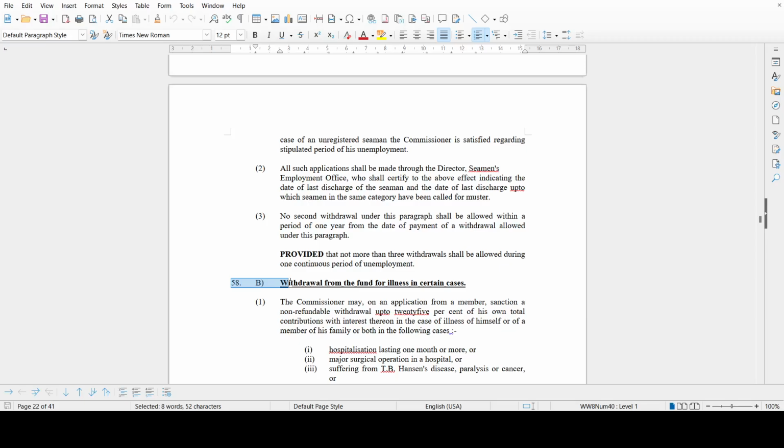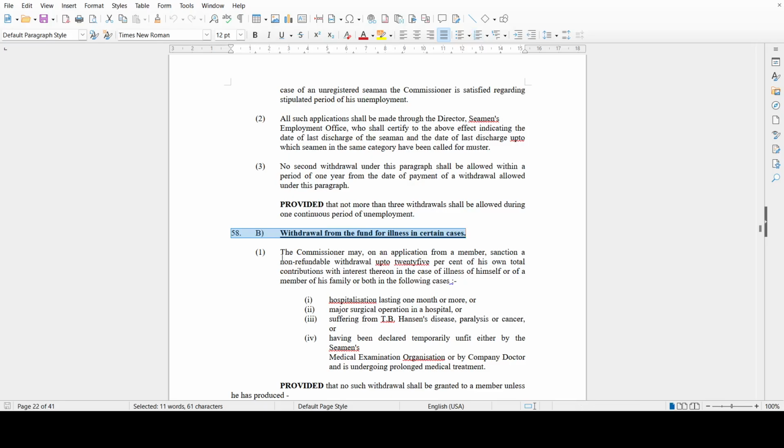The next one is 58B, withdrawal from the fund for illness in certain cases. In that case, the commissioner may, on an application from a member, sanction a non-refundable withdrawal up to 25%. Again, in case of illness, you can apply for withdrawal, and if you provide all the documents, and if the commissioner is satisfied with the documents and the cause, he will approve not more than 25% of his own contribution with interest, the Seaman's contribution.